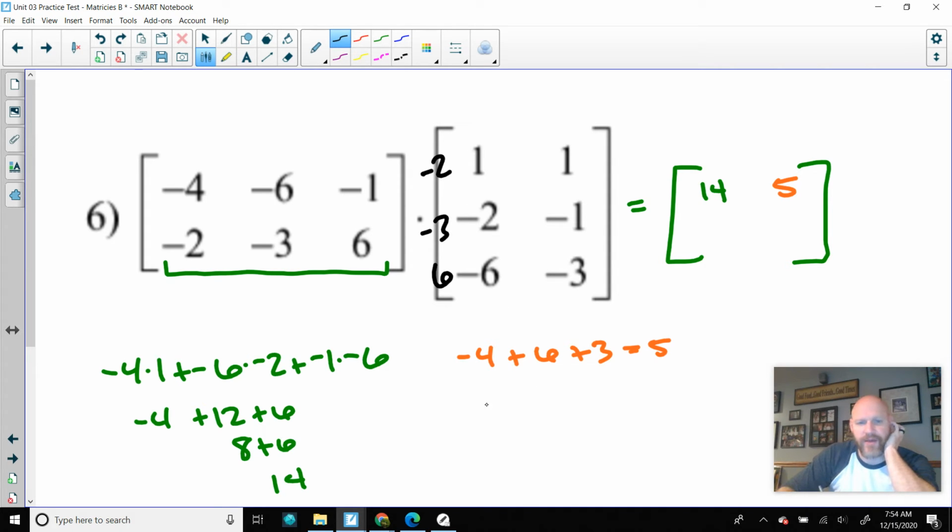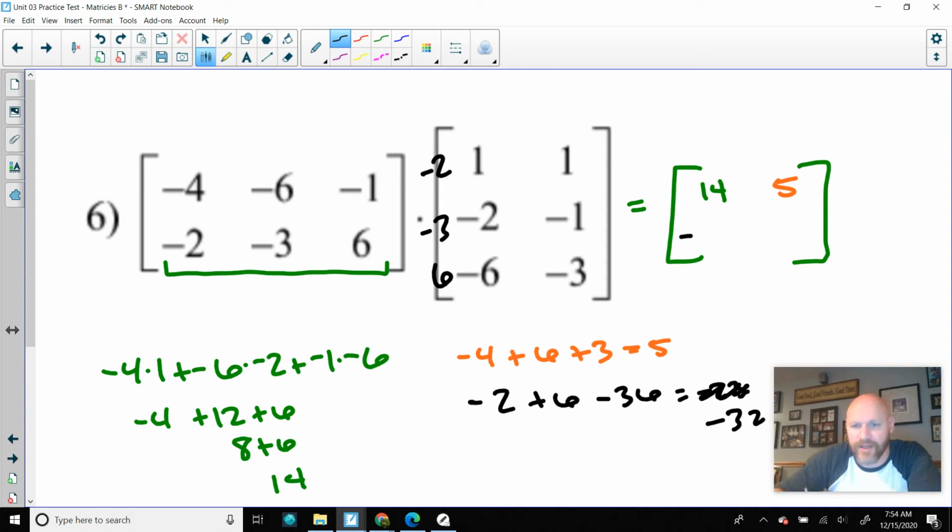I'm going to multiply those, negative 2, positive 6, and a negative 36, and then I'll add those together. That's going to give me a negative 32. And it's okay that that number is bigger. That's going to go in the second row, first column.